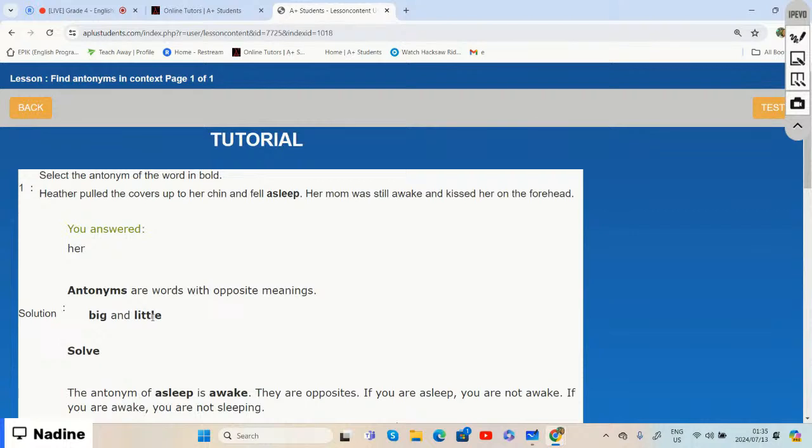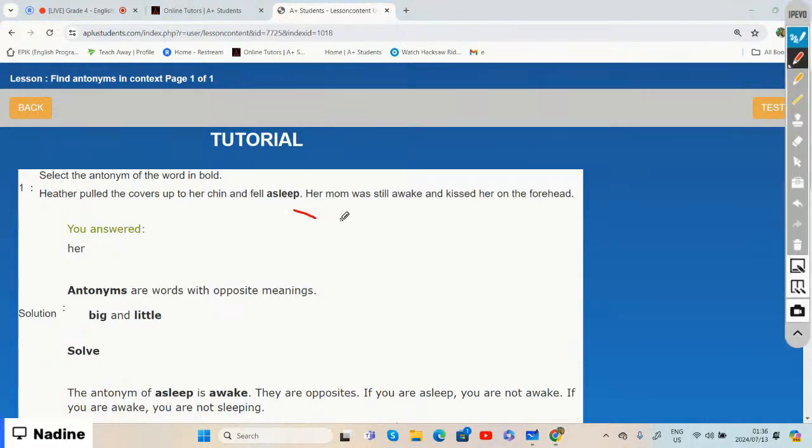All right, and the opposite of asleep is to be awake. Like now, you are awake, but later on, you will be asleep. So it's opposite. It's either asleep or I'm awake. It's either I run or I walk.